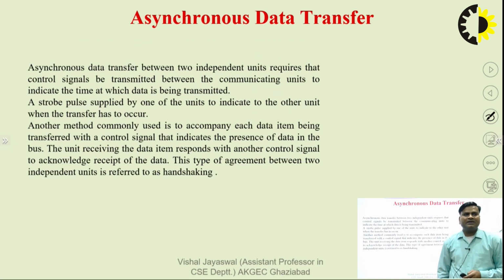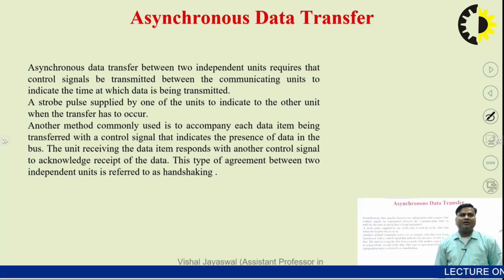Asynchronous data transfer between two independent units requires that control signals be transmitted between the communicating units to indicate the time at which data is being transmitted. One method is a strobe pulse supplied by one of the units to indicate to the other unit when the transfer has to occur.